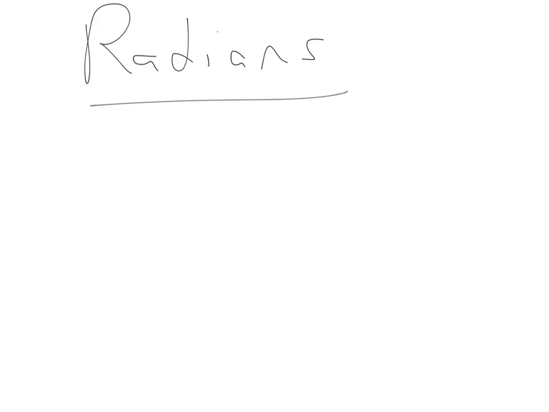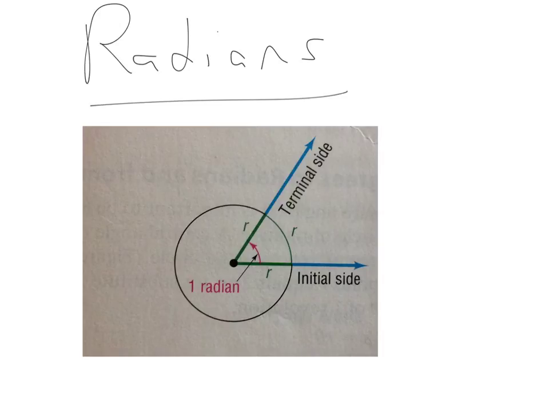Alright, the next way of measuring angles we're going to learn about, I'm sure you've heard about it before, is this method called radians. Let me show you a diagram of how we get the concept of radians. When we have a central angle, an angle whose vertex is at the center of a circle, and if the length of the arc created by the angle is the same as the length of the radius, then however big that angle is, we can say that's 1 radian.